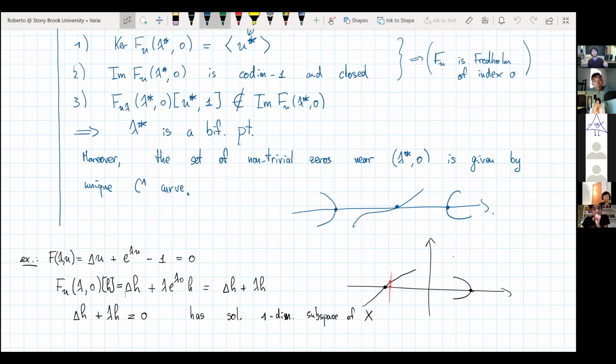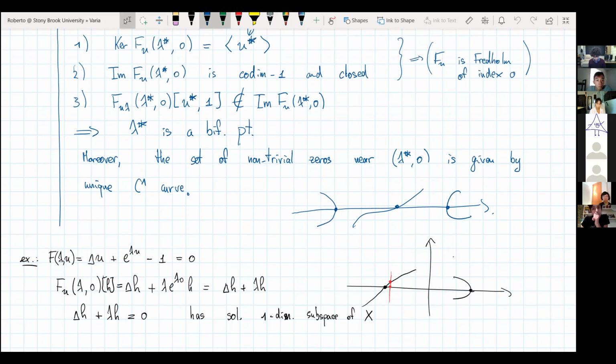So the fact that you have a non-trivial solution for your original equation boils down to checking if you have a non-trivial solution for the linearized equation. And that's why this is useful: looking at solutions of nonlinear equations is stupidly hard, but looking at solutions of linear equations is manageable.